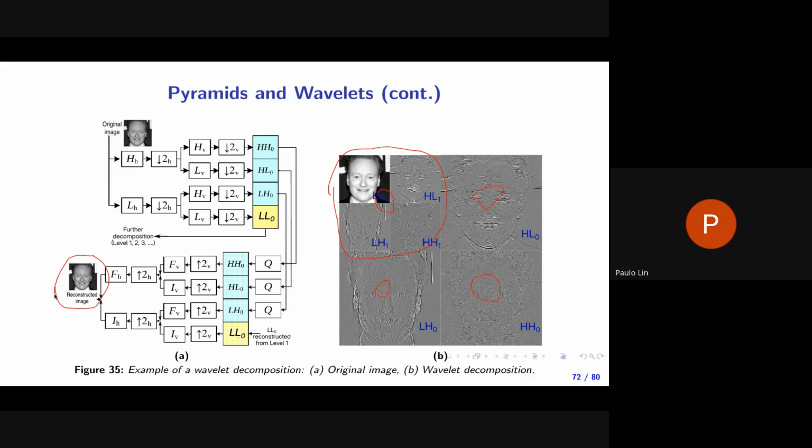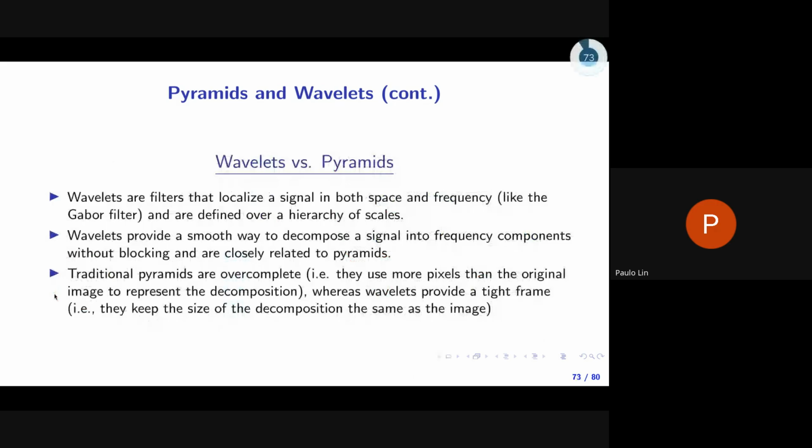Okay, so this is a very simple way of performing wavelet decomposition and wavelet reconstruction. And besides representing the images at different scales or different resolutions, we have to keep in mind that there is a difference between using wavelets and using pyramids.